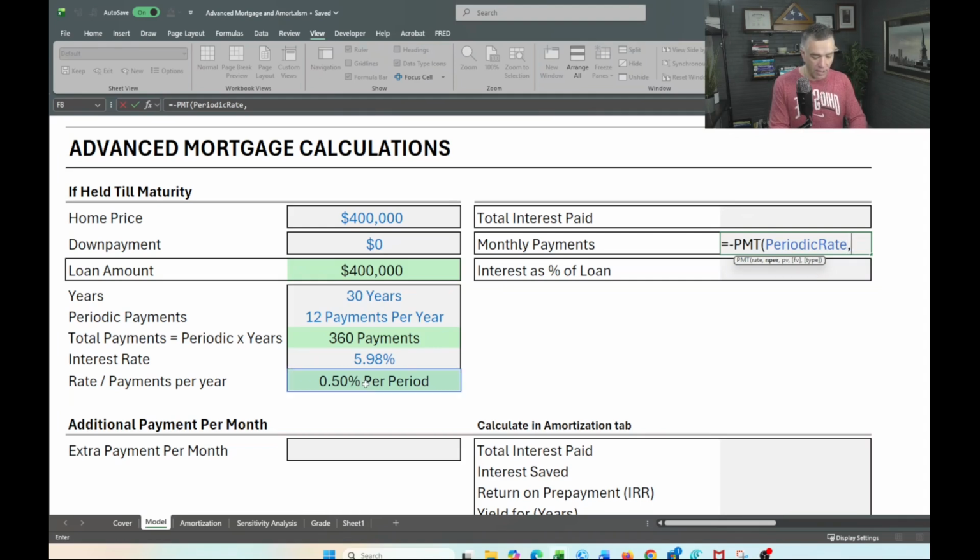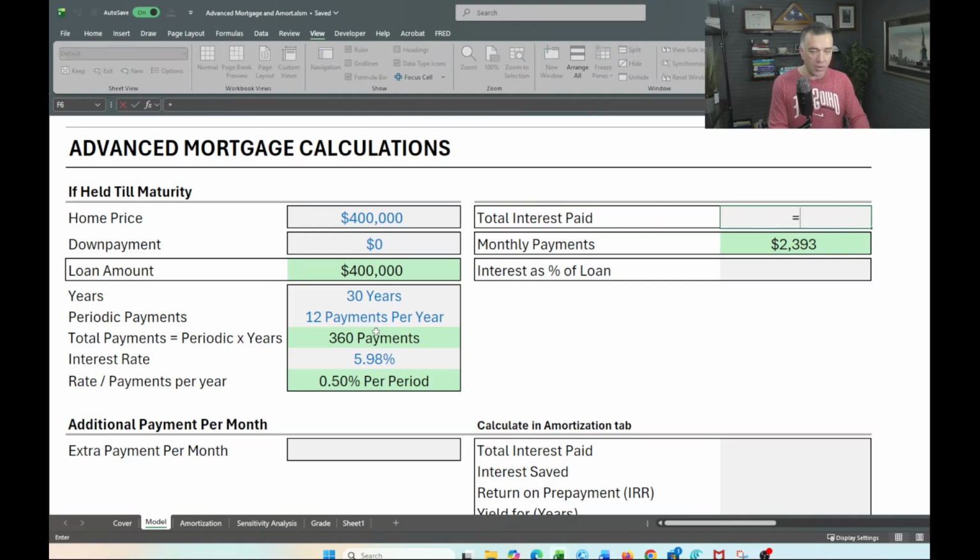So that's periodic rate, comma, total number of payments right here, the 360, the MPER. Our present value, that's the loan amount. That's going to be positive because we're receiving it. It's a cash inflow. And then our future value on a loan is going to be 0. We want to close that up. So we're going to owe $23.93 per month.